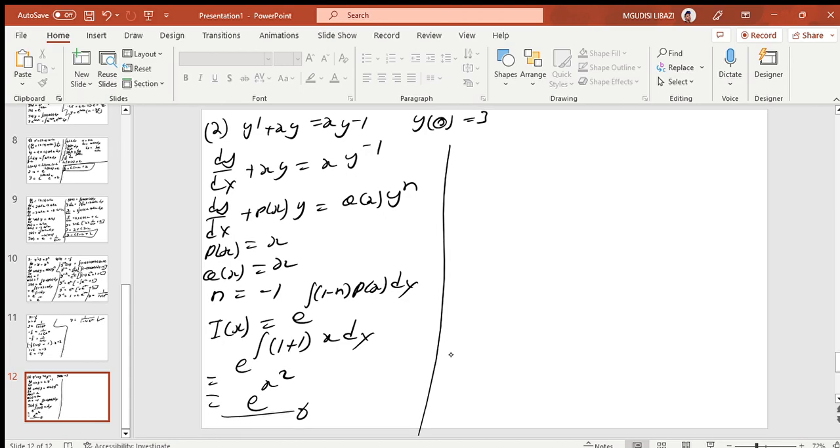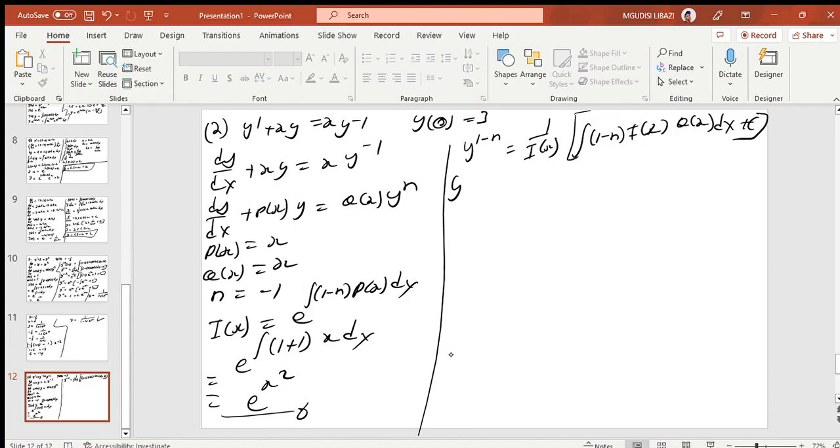That means our solution now we're going to get y raised to 1 minus n, which is 1 over I of x into integral of 1 minus n I of x, and then q of x dx plus c.